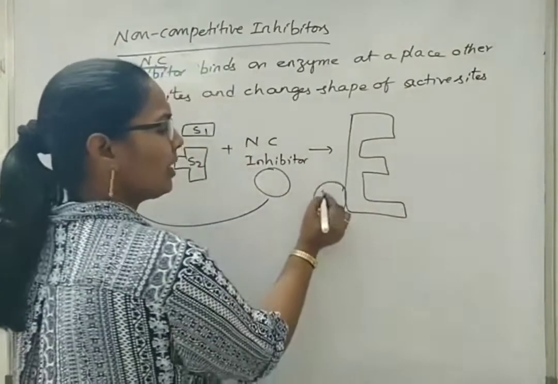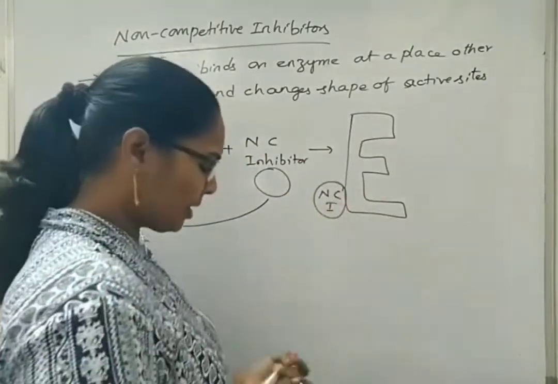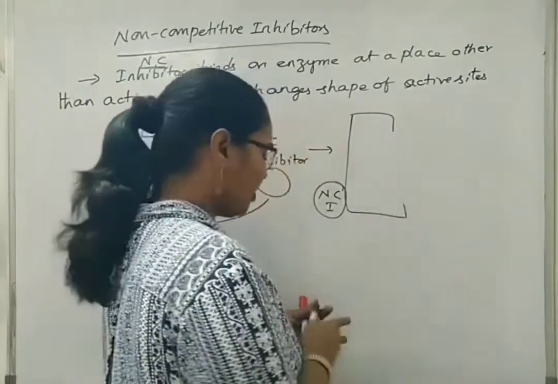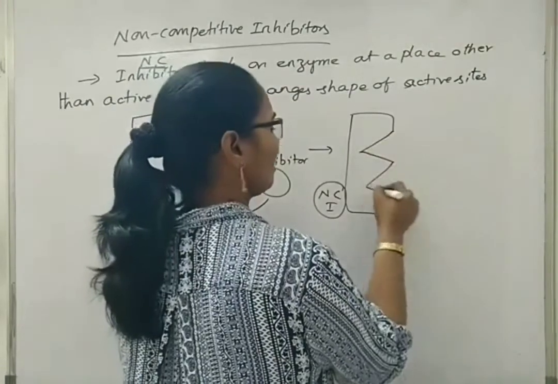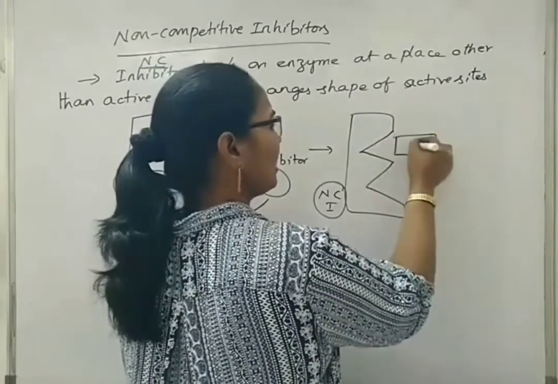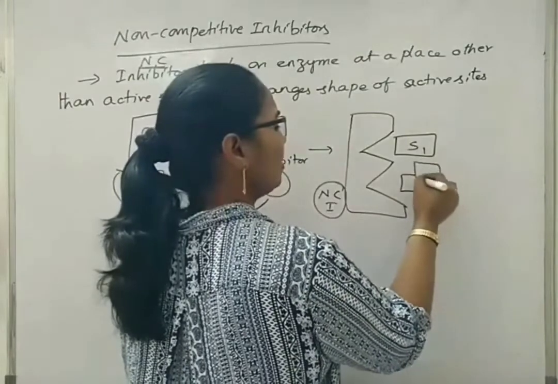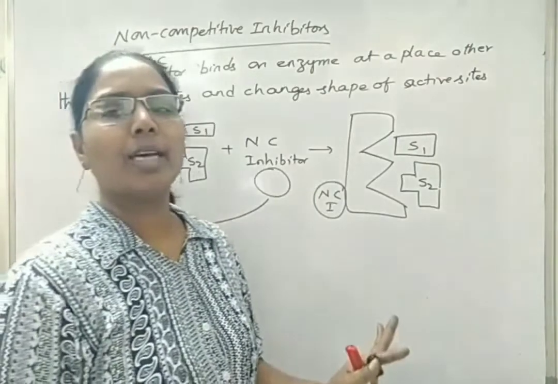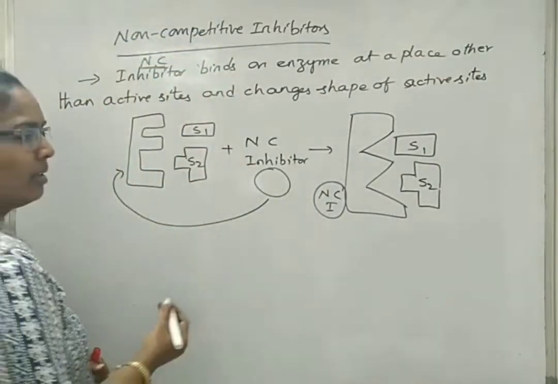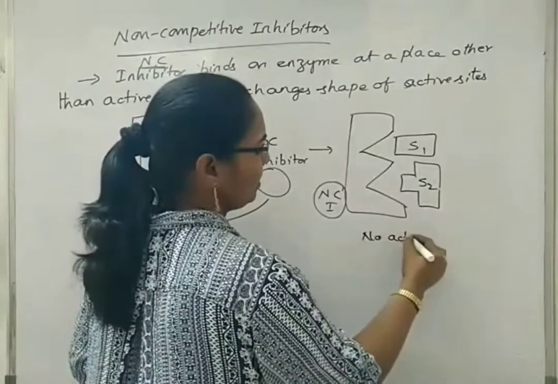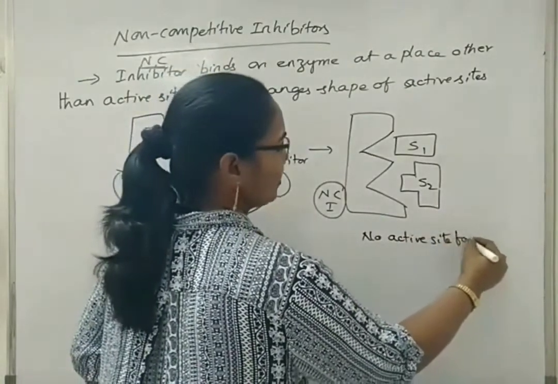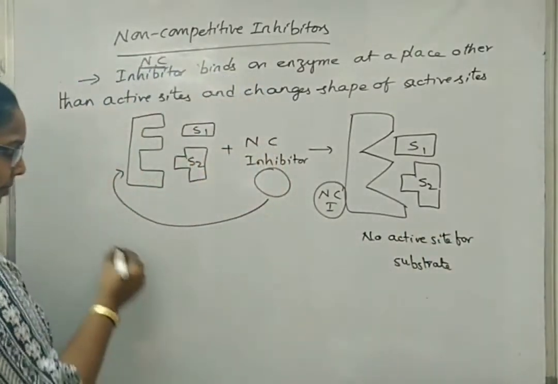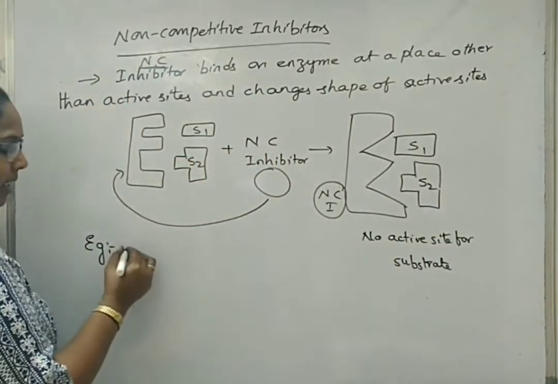When this non-competitive inhibitor has binded to some other place on the enzyme, then the active site shapes are being changed like this, but substrates S1 and S2 are like this, so they cannot fit into the active sites, so that 100% of the products are not being formed. So no active site for substrates, so no product formation.